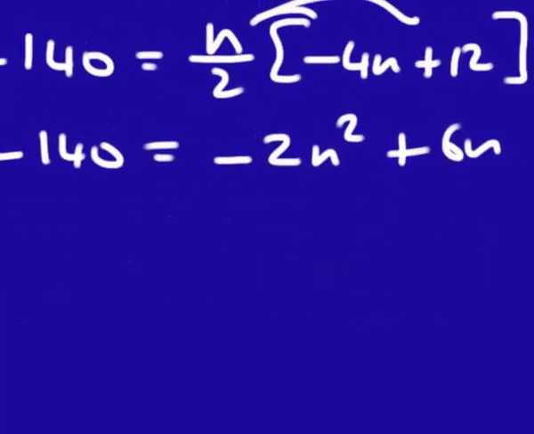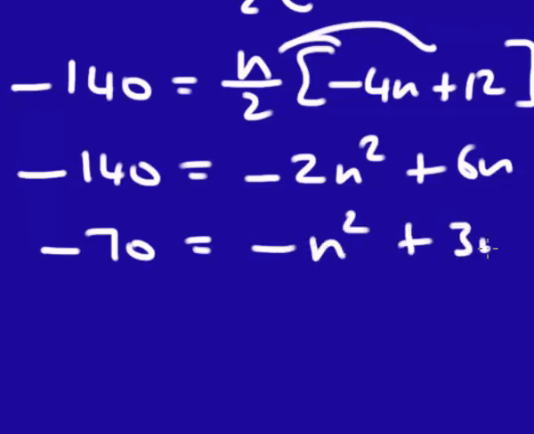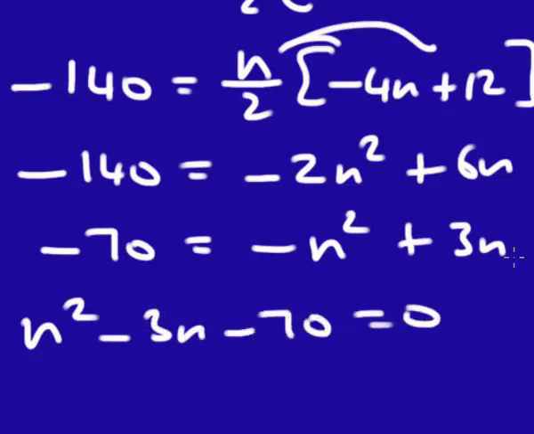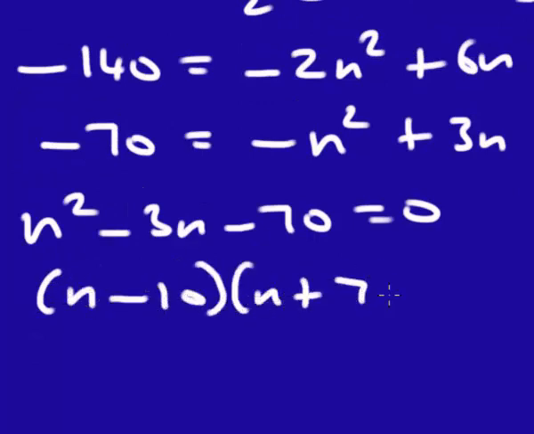Okay, so let's have a look. Divide everybody by 2, which I think would be quite easy to do. Negative 70 is negative n squared plus 3n. Bring those across and create yourself a good-looking trinomial. Factorize it, so it's n minus 10, n plus 7.